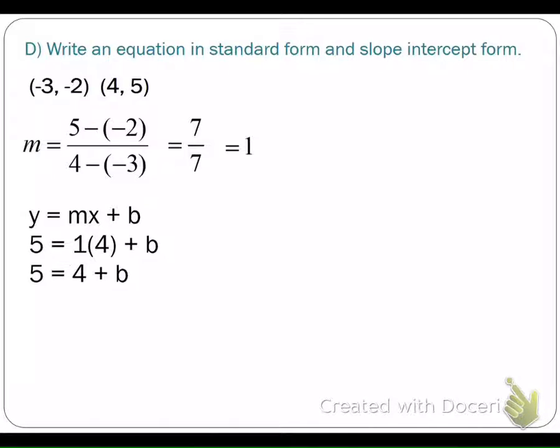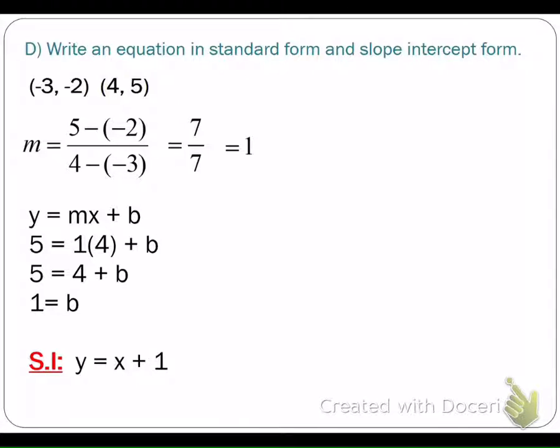B equals 1. So y equals 1x plus 1, which you can just write as y equals x plus 1. All right, so that is the slope-intercept form.